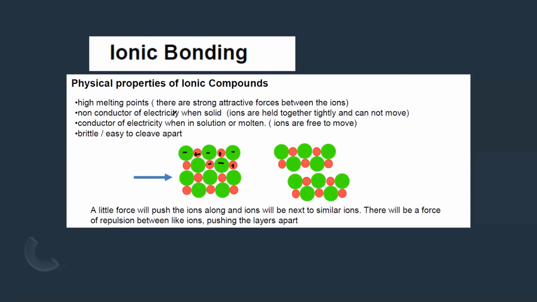They are non-conductors of electricity, because in the solid state the ions are not free to move. But in a molten or aqueous state, because these ions are free to move, when we pass current through a solution of an ionic compound or a molten ionic compound, they conduct because the ions are free to move.